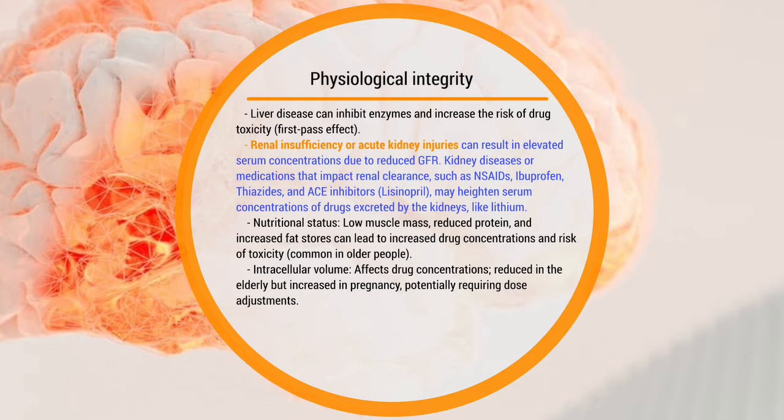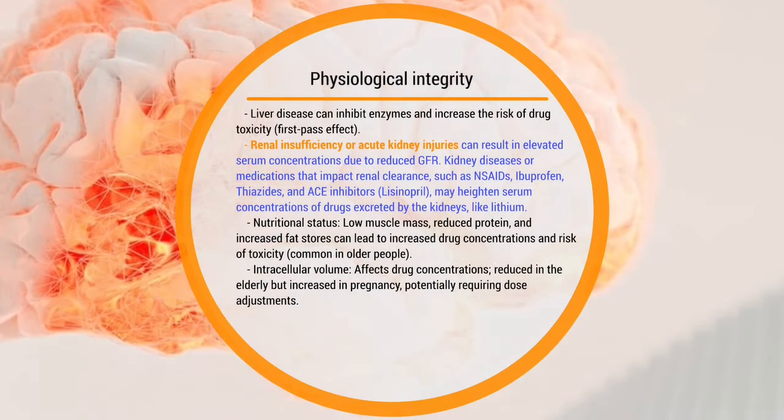Another thing to think about is the nutritional status. If you have someone with low muscle mass, reduced protein, increased fat storage, it can lead to an increased drug concentration and risk of toxicity. Who am I talking about here? We're talking about the elderly folks. We just went over these characteristics a second ago. Also, the intracellular volume affects the drugs.